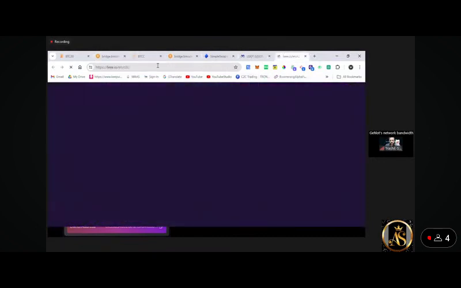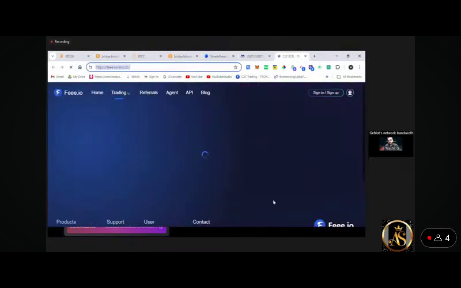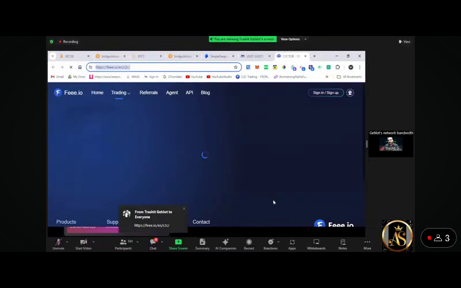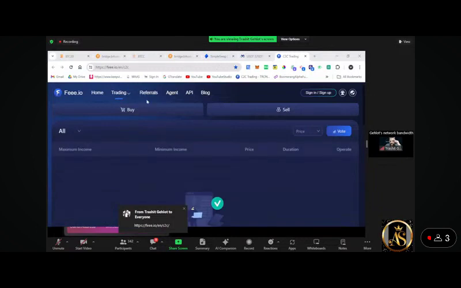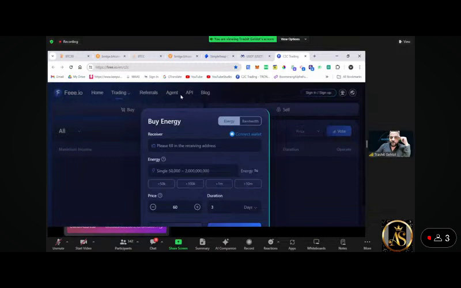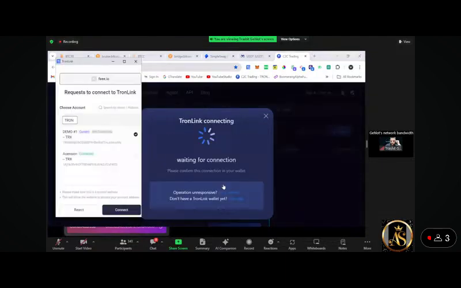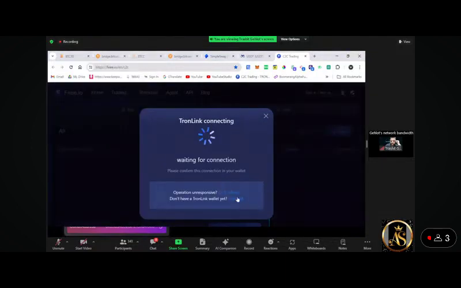So this is the website. I'll share the link in the chat box where you can borrow energy. All you need to do is connect your Tron wallet, go to this fee.io, connect your wallet, and just a second.